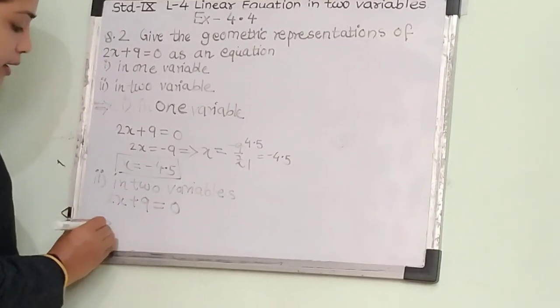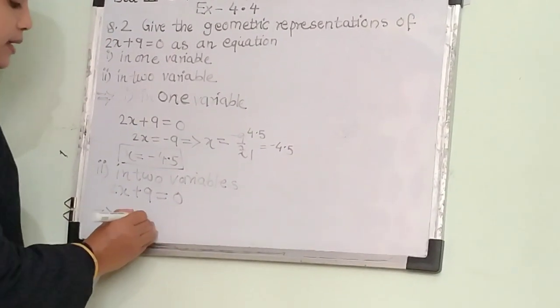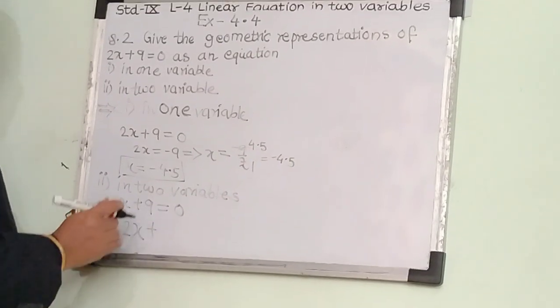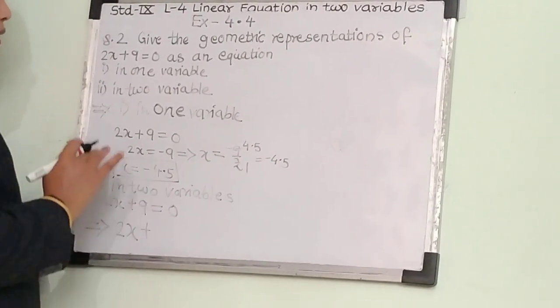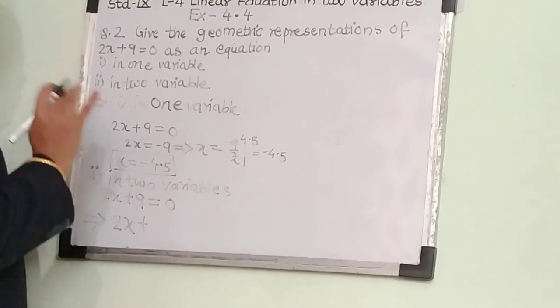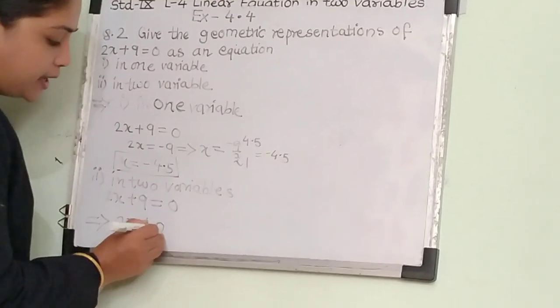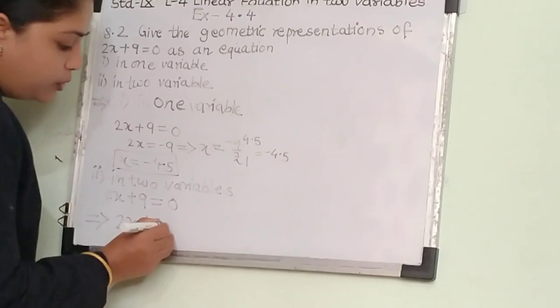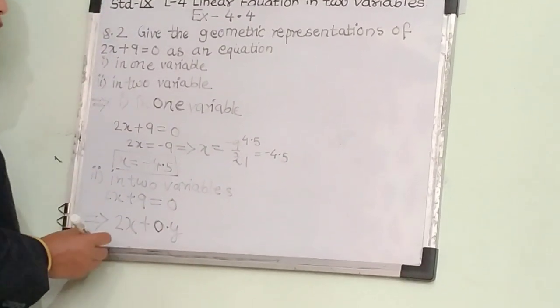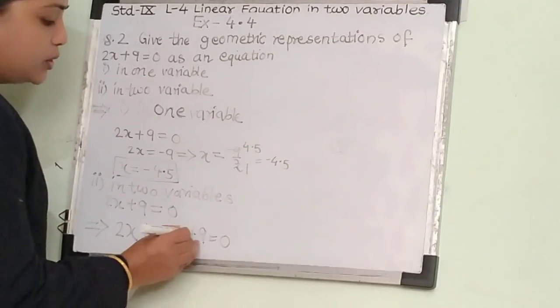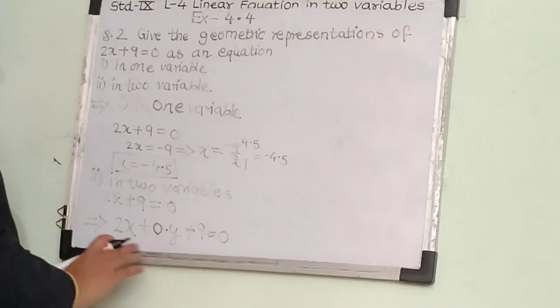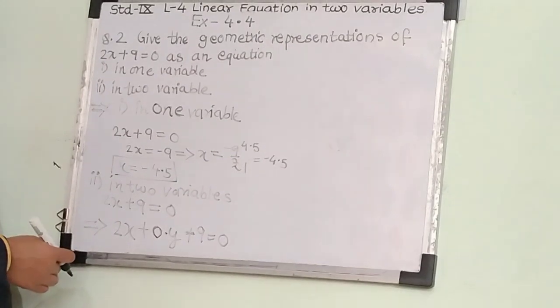Then here 2x plus, we are not given a y term, so we put 0 into y, that is 0y plus 9 equals 0. So our equation has now become an equation in two variables.